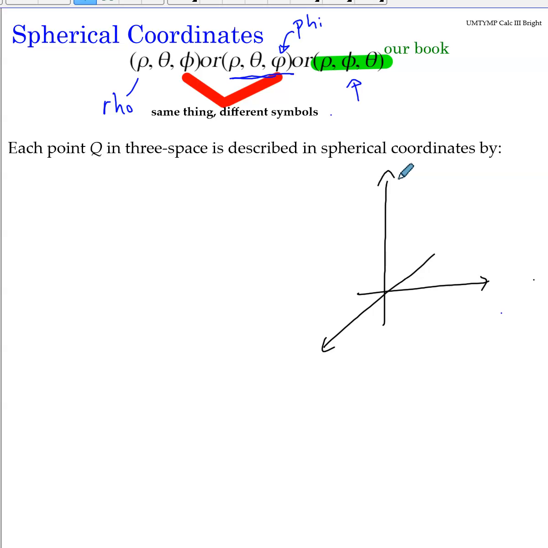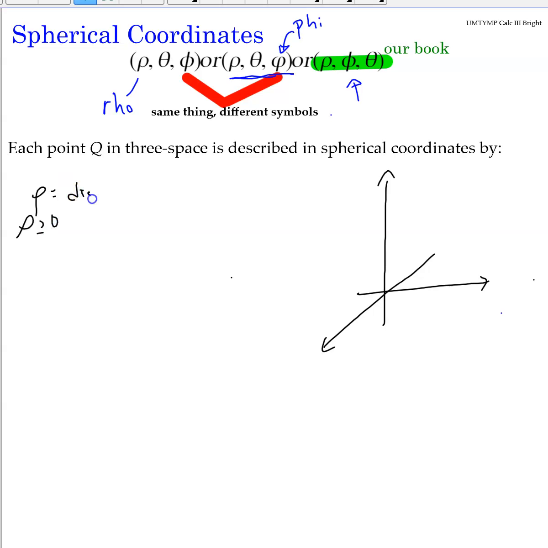Rho is actually the one that you want to graph last, but we'll go through it. Rho is going to be non-negative, so 0 or more.